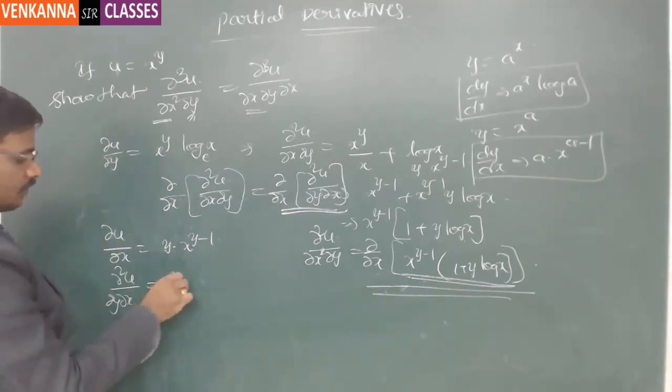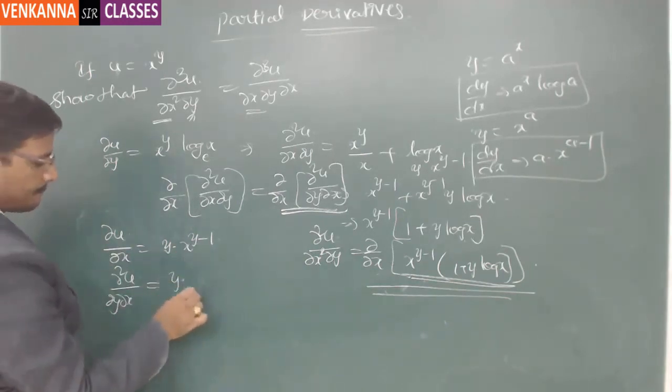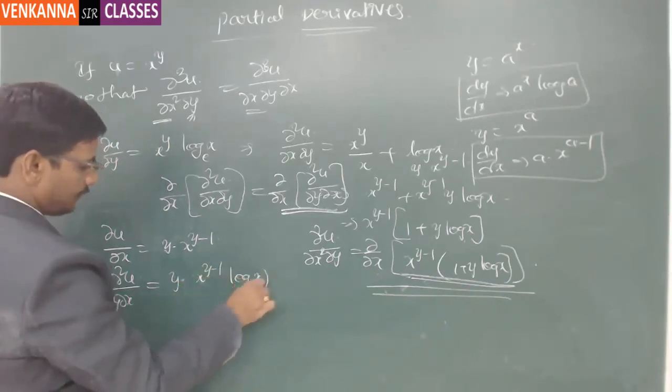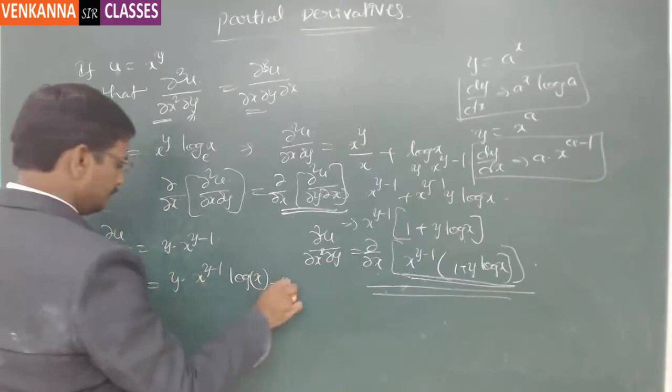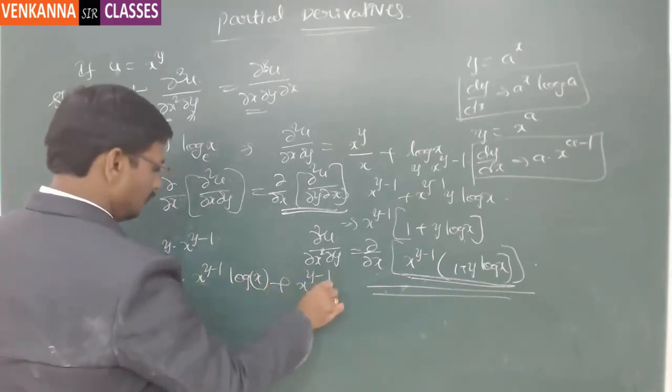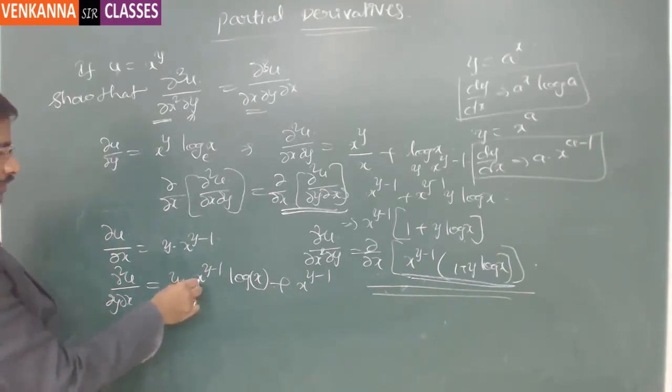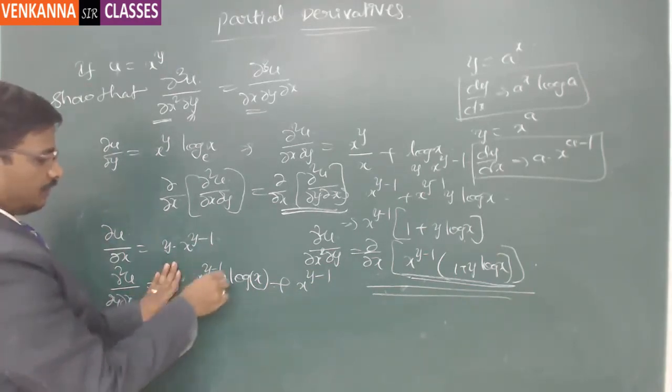So this is y into x power y minus 1 into log x plus x power y minus 1 into, so you are doing the derivative with respect to y, so y and then x power y minus 1.